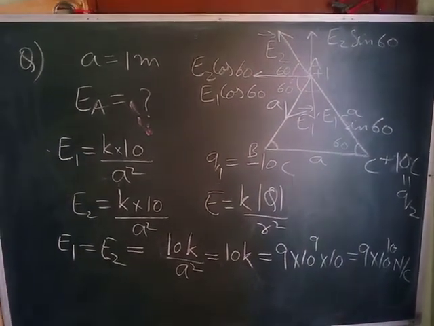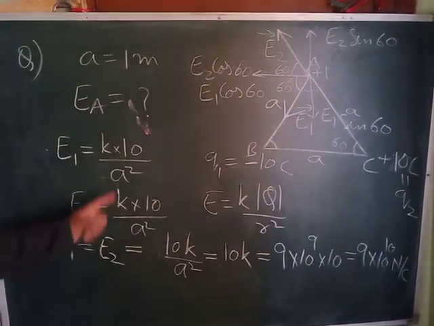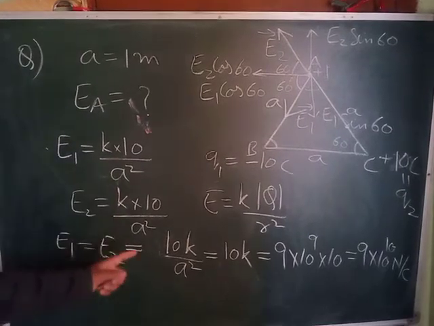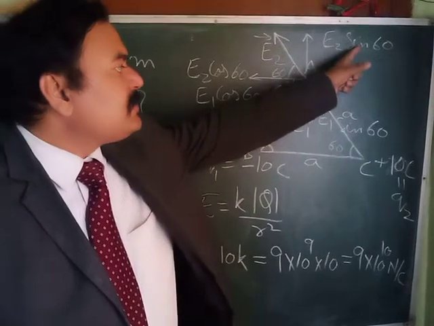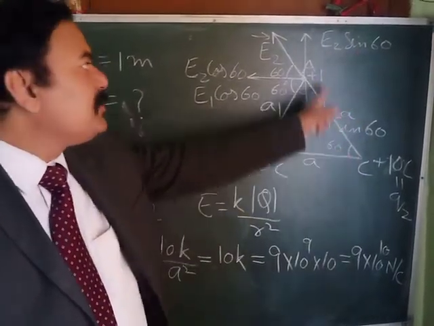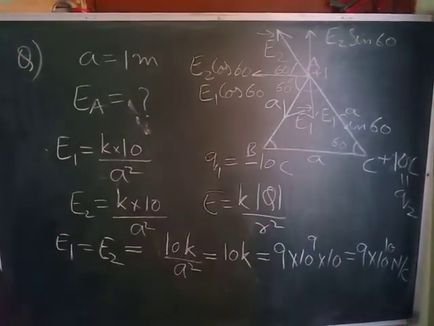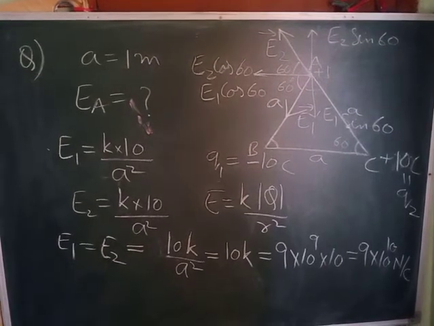Once both electric field intensities are equal, see here, E1 and E2 are equal, and sin 60 and sin 60 are also equal. So the vertical components will balance each other.